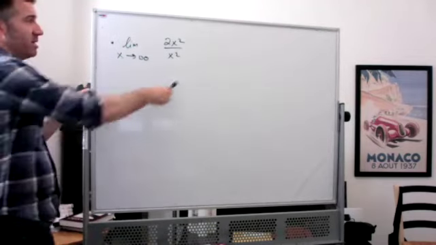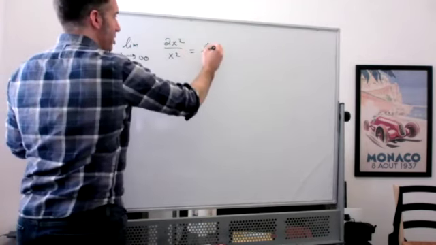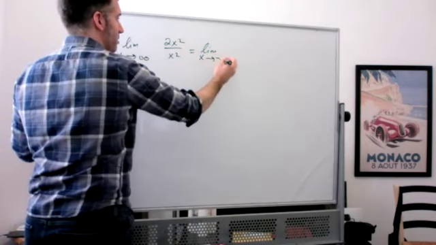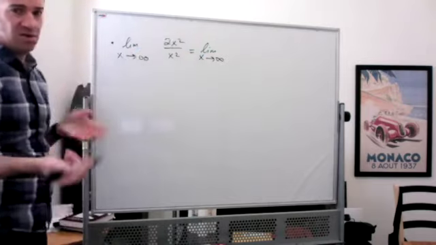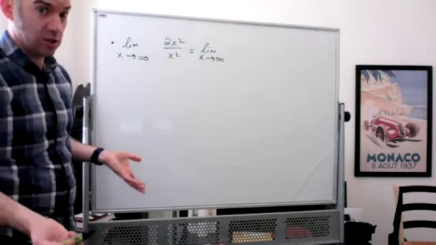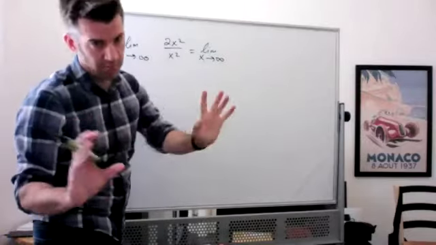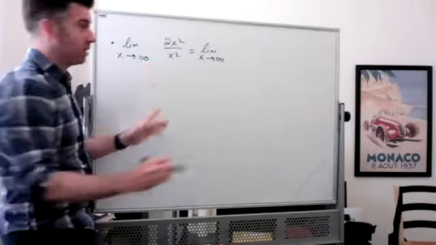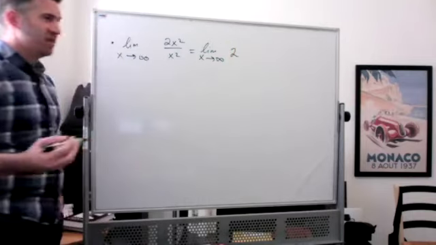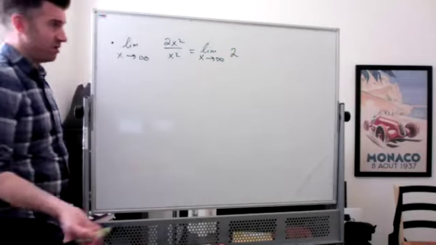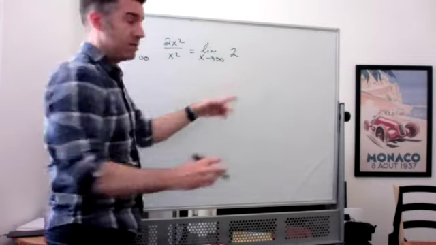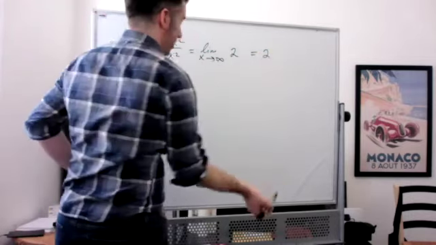Now, the thing about this one specifically is you can evaluate this limit by first simplifying this. 2x squared divided by x squared is just 2, right? No matter what x is, unless x is 0. But x isn't 0 because x is going to infinity. So that's just the limit as x goes to infinity of 2. And the limit of a constant is always the constant.